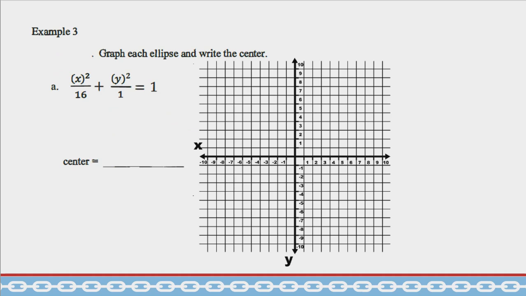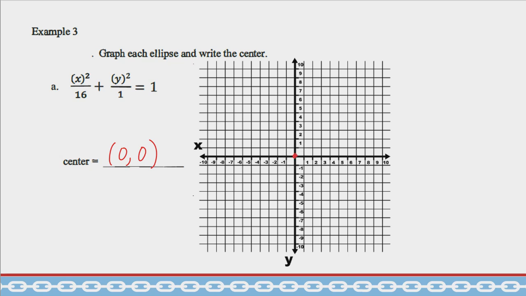Doing some graphing here, we have x, nothing being added to x, and nothing being added to y. So I have a center point then at 0, 0. So here's my center point.